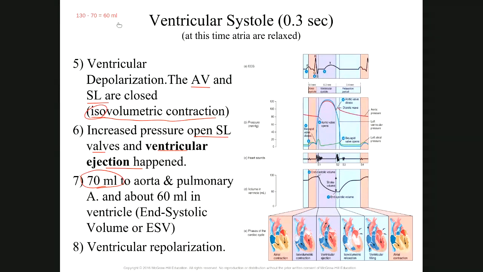This 60 milliliters has a specific name. We call it end systolic volume, or ESV. The ESV is the amount of blood which we have in the ventricles after ventricular contraction and blood ejection. And then our ventricle starts going to repolarization.